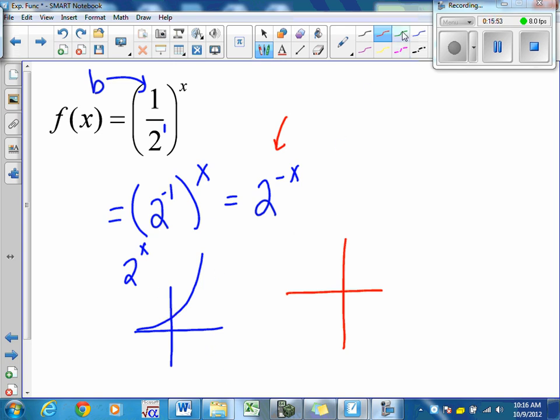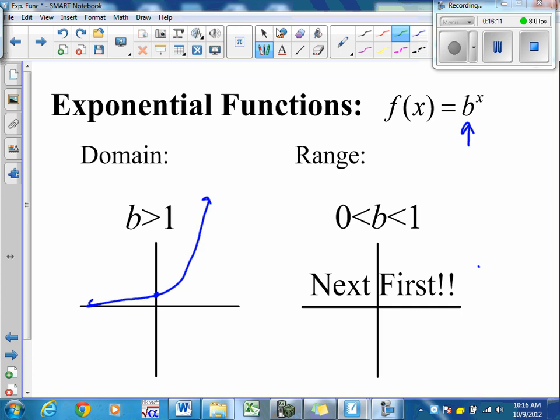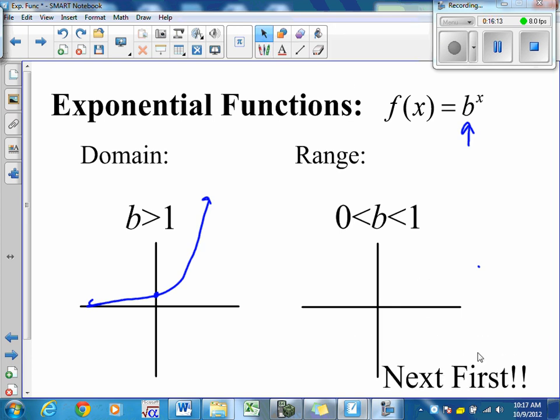If it's inside the function, it flips it over our y, until we get a graph that looks like that. So when you think of something like a 1/2, it's just flipped over the y, because really you can simplify it to just a negative. So over here, the graph just looks like that.